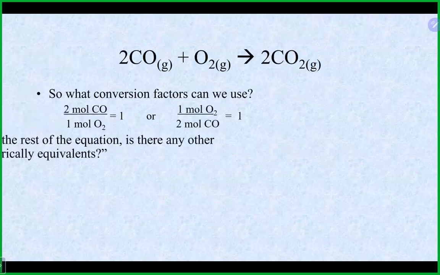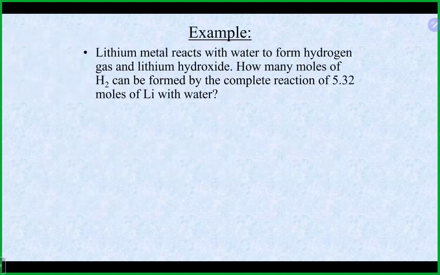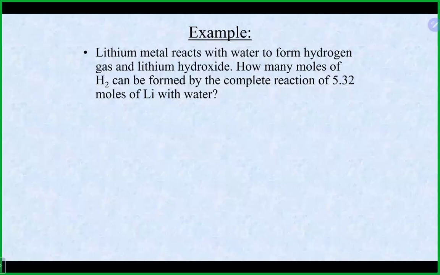All right. So this is what we just talked about there. I'll just scroll it across. All right, so why don't you try one here? Lithium metal reacts with water to form hydrogen gas and lithium hydroxide. How many moles of hydrogen gas can you produce from 5.32 moles of lithium? Take a few moments.